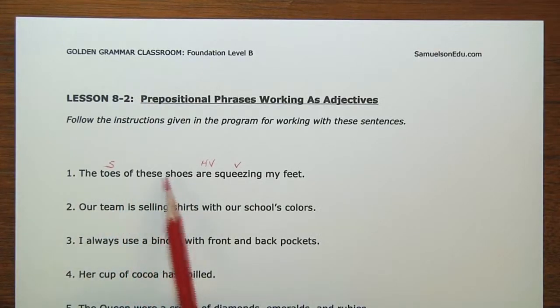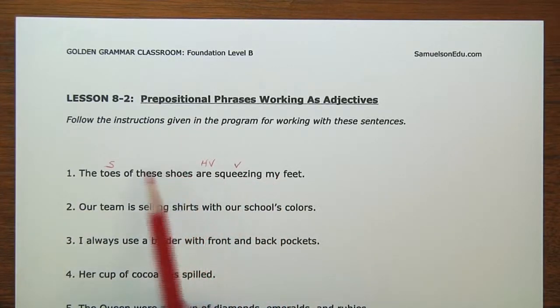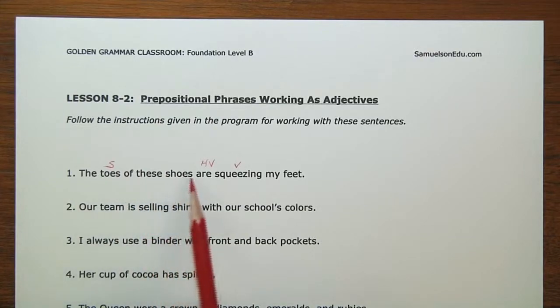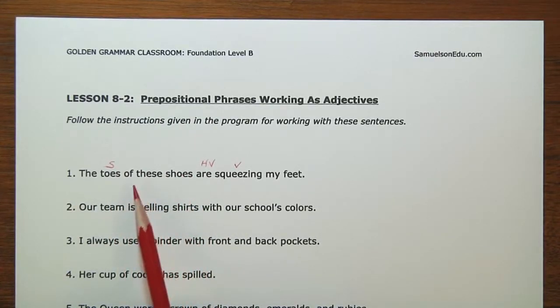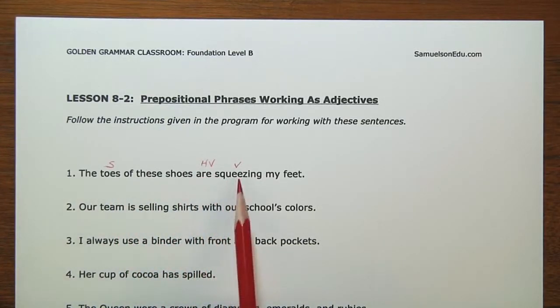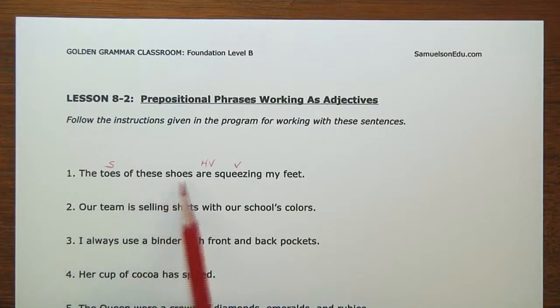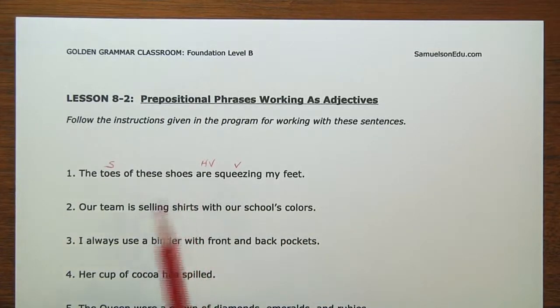So it's the toes of these shoes are squeezing my feet. That makes sense. The subject with its modifying adjective. Those together make sense. But this subject doesn't necessarily make sense. That's why we learn about these constructions, so that we won't get distracted.